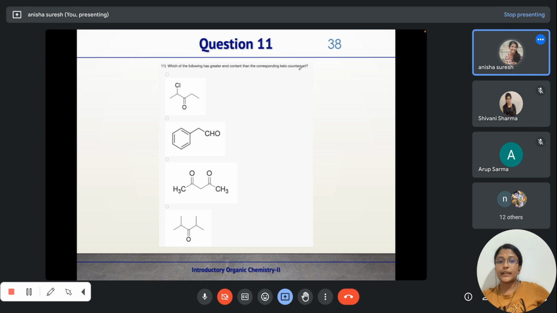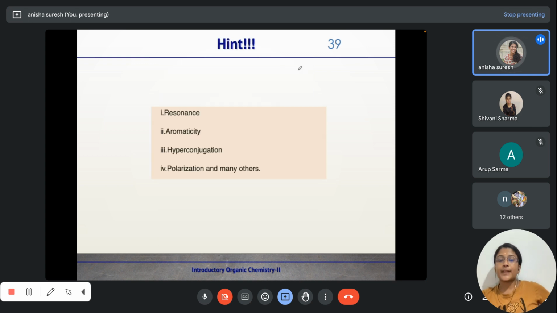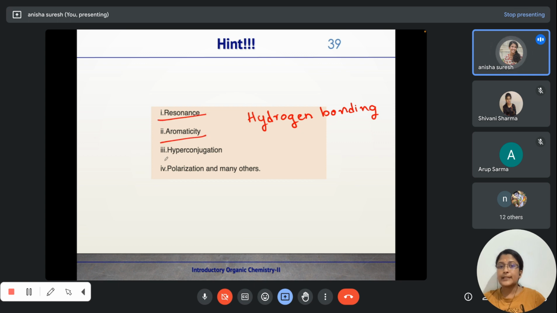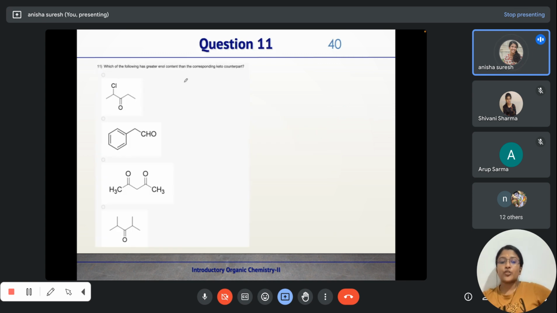We have to take into consideration these factors: resonance, aromaticity, hyperconjugation, polarization, and hydrogen bonding. Out of these, which will have greater enol content than the corresponding keto counterpart?